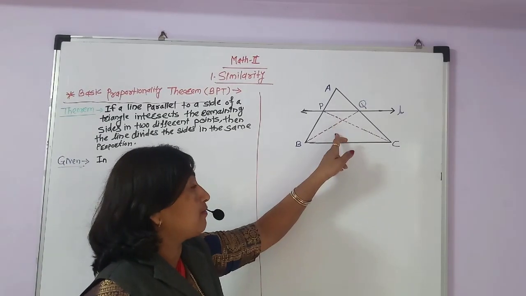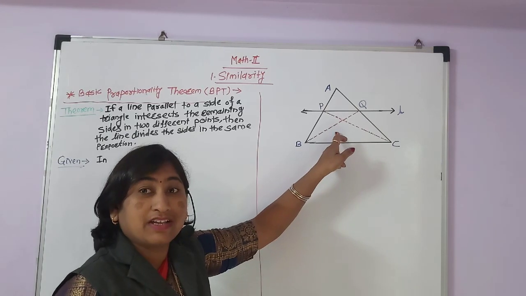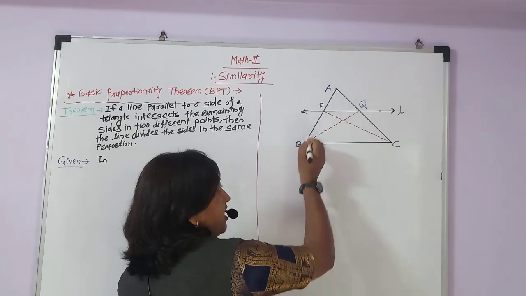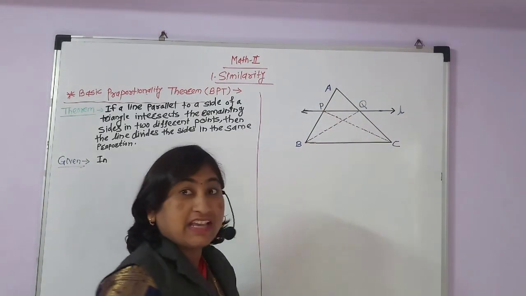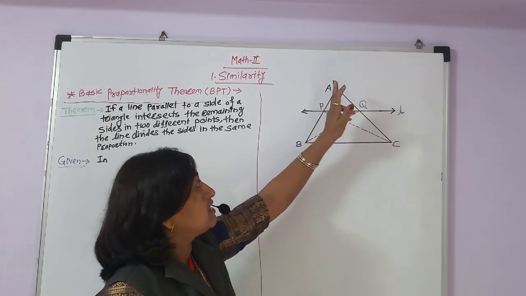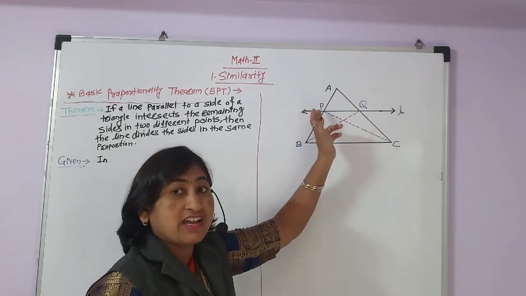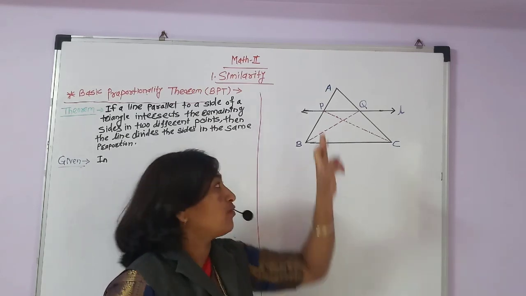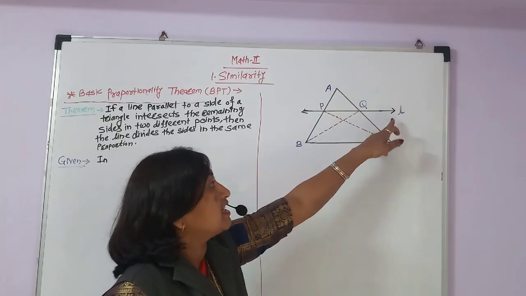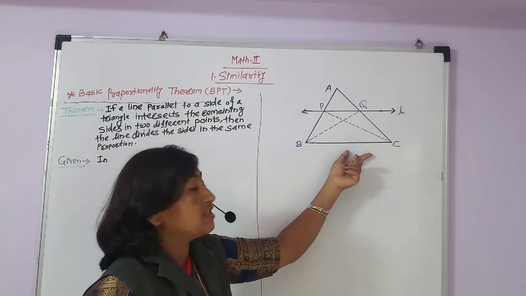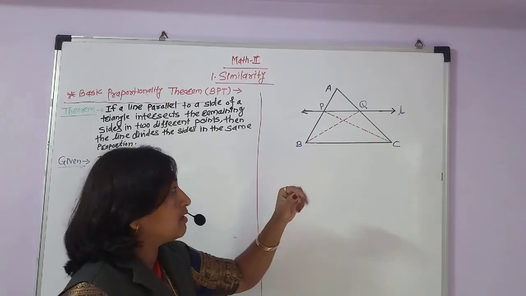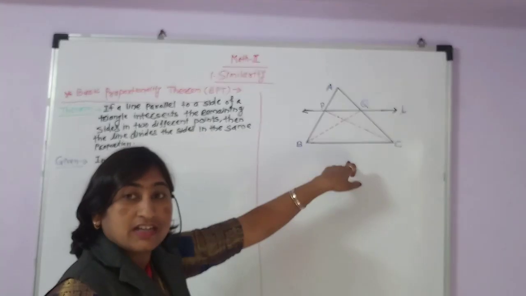See the diagram. First of all, we draw triangle ABC. In this triangle ABC, line L intersects two sides of the triangle in two different points, that is, point P and point Q. Again, this line L is parallel to the side BC. From that statement we draw the diagram.